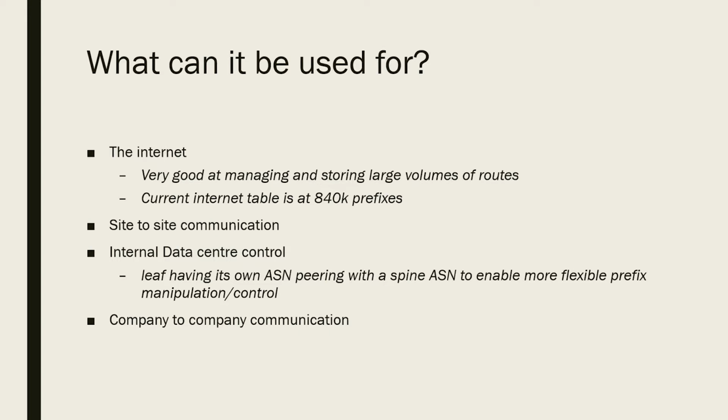We can also use it for site-to-site communication inside a company. So there are two modes of BGP: iBGP, internal BGP, and an external version of that as well. We'll get onto what that means a little bit later on, but you can see it inside one company, site to site. A perfect example of that is Amazon, where we have the global backbone.